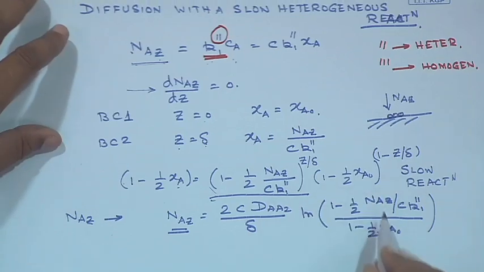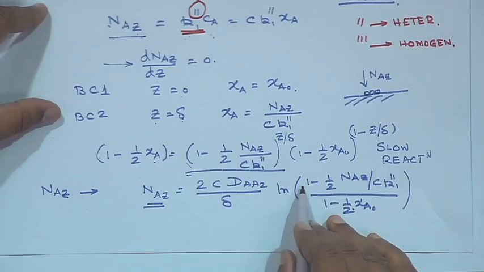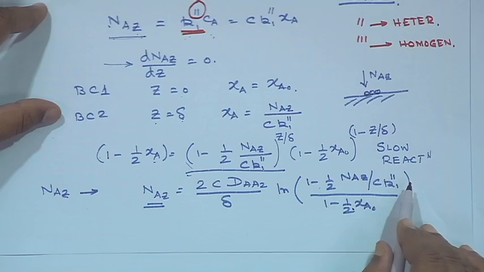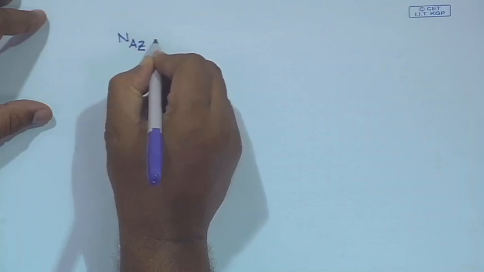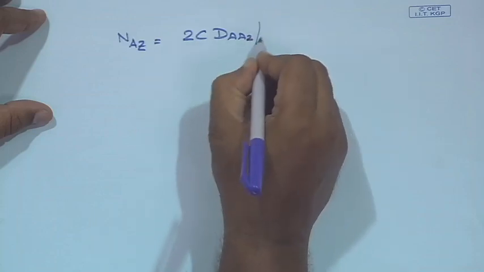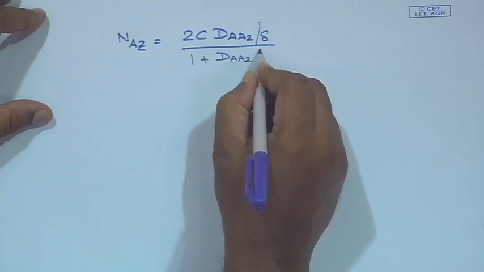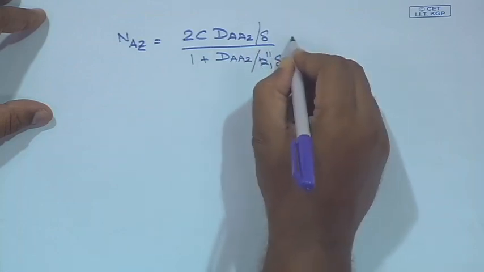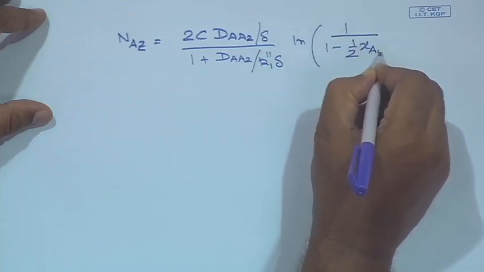Since this is logarithmic, if this term is small, the logarithm of the numerator can be expressed in a Taylor series, and considering only the first term, a slight simplification of this equation can be obtained, which would give you NaZ equals twice C times the diffusion coefficient of A2 by delta, times 1 plus the diffusion coefficient divided by K1 double prime delta, ln of 1 by 1 minus half x A 0.